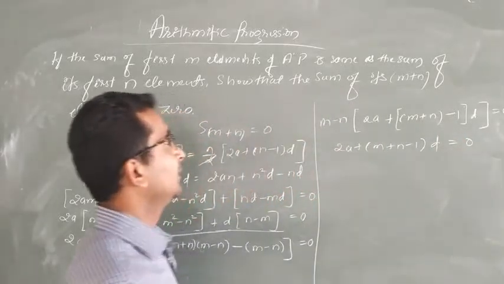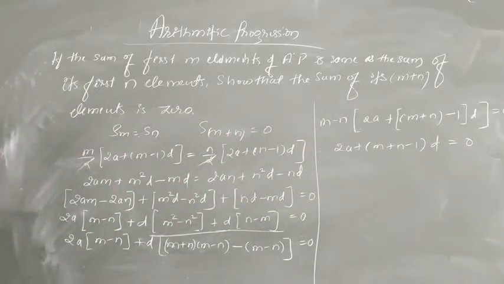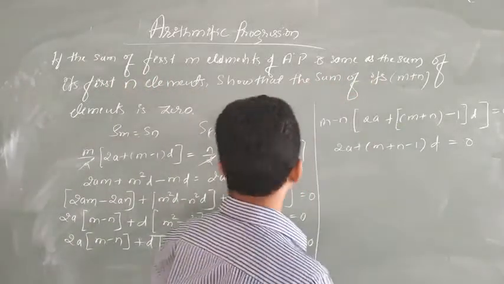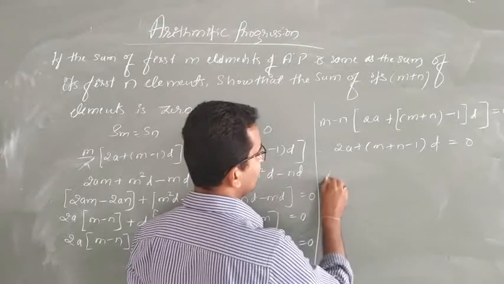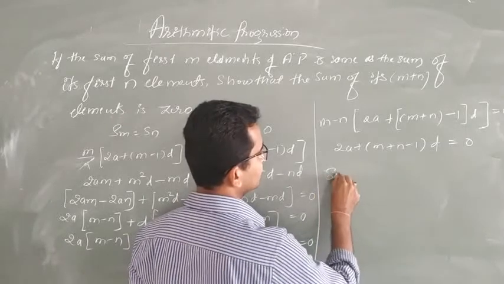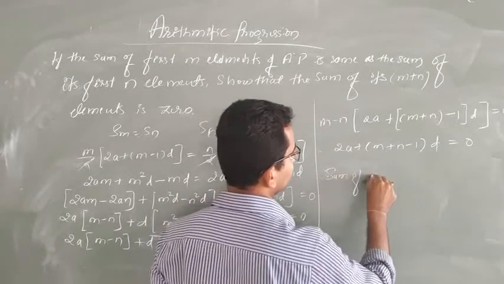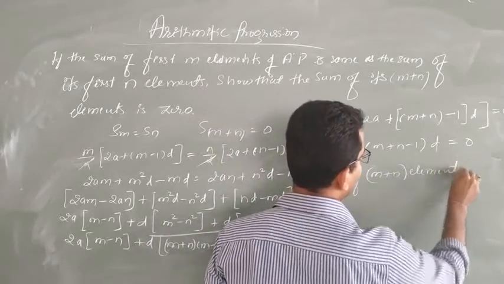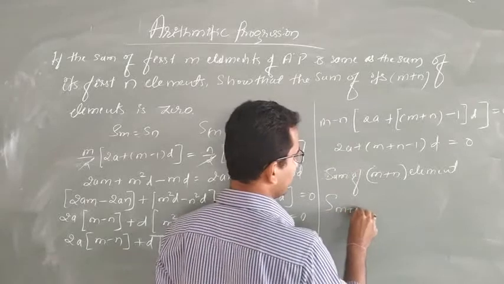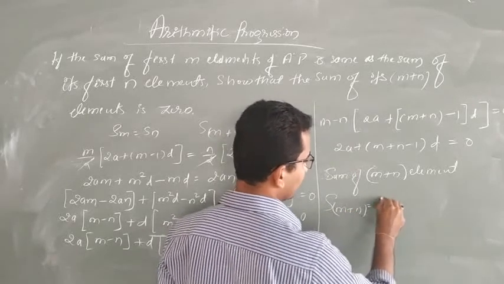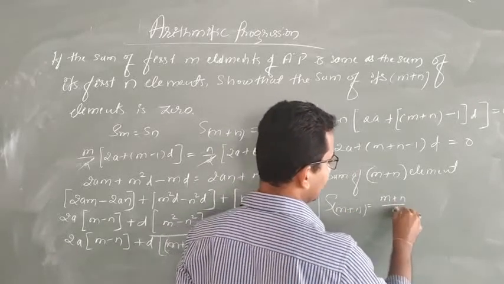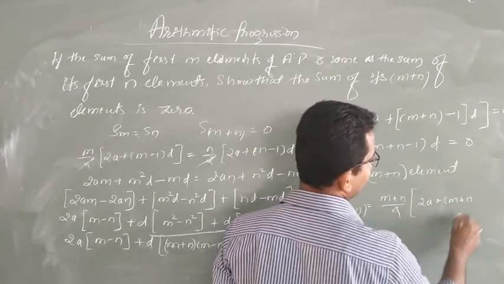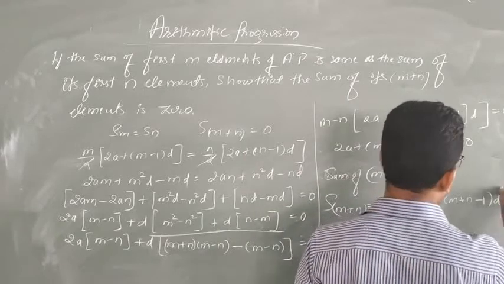So, in the next part they have asked, show that the sum of its m plus n elements is 0. Therefore, the sum of m plus n elements, that is S(m+n), wherever n is there it will be m plus n, divided by 2 into 2a plus m plus n minus 1 into d.